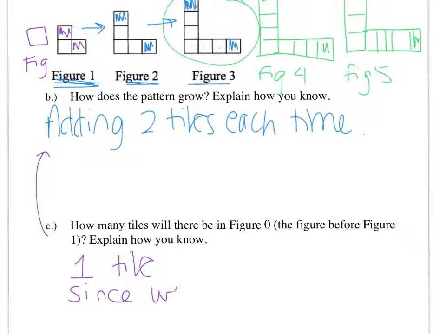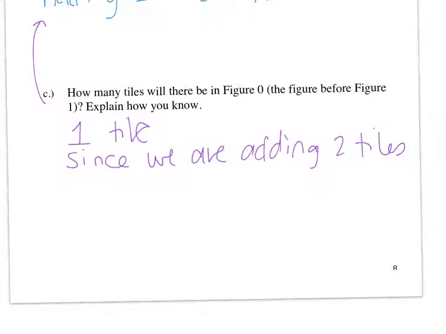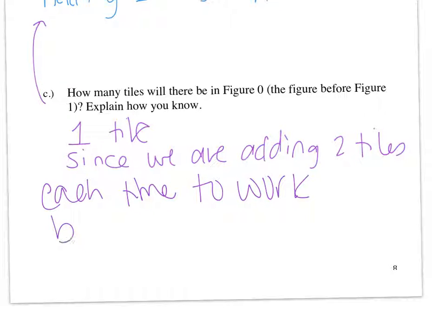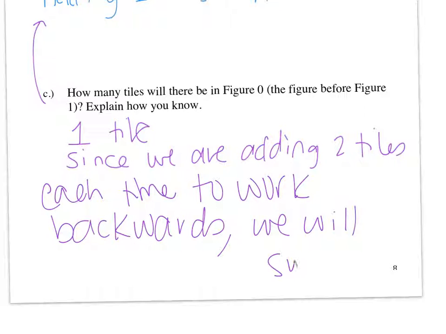Since we are adding 2 tiles each time, to work backwards, we are going to subtract. So Figure 0 would have 1 block.